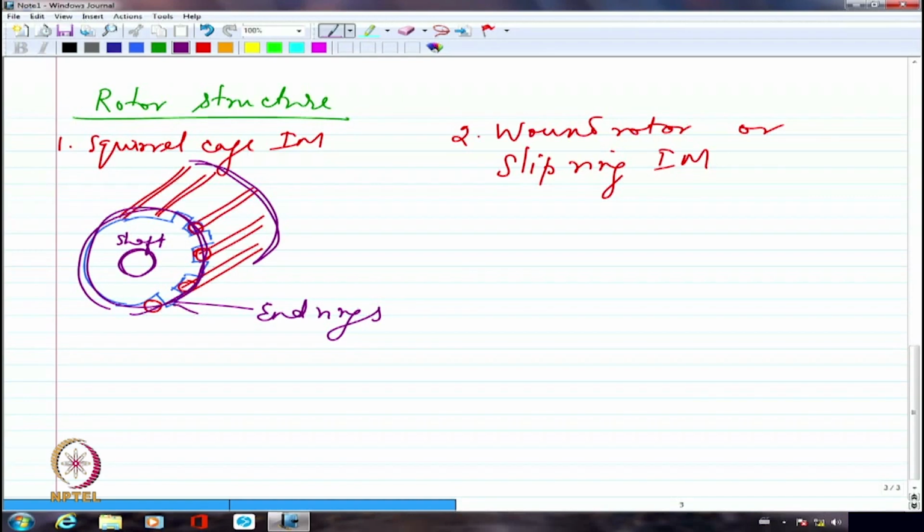In fact, if you have to break a rotor bar, we have done it once. It was so difficult to break a rotor bar, because we wanted to check what kind of characteristic difference comes when you break a rotor bar, when there is a crack. It's not easy to break the rotor bar, even if you want to.